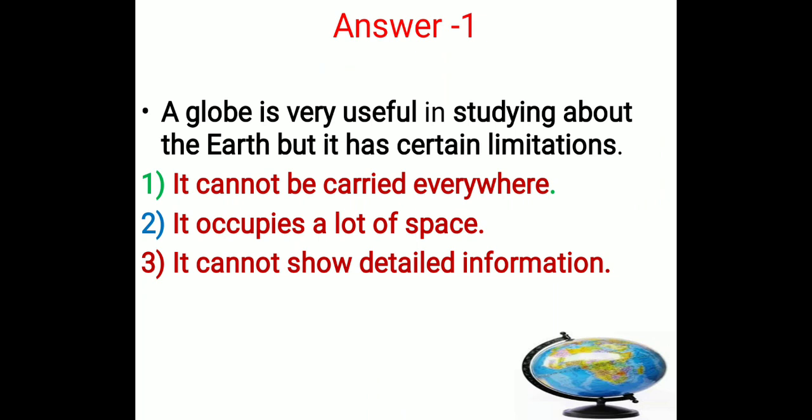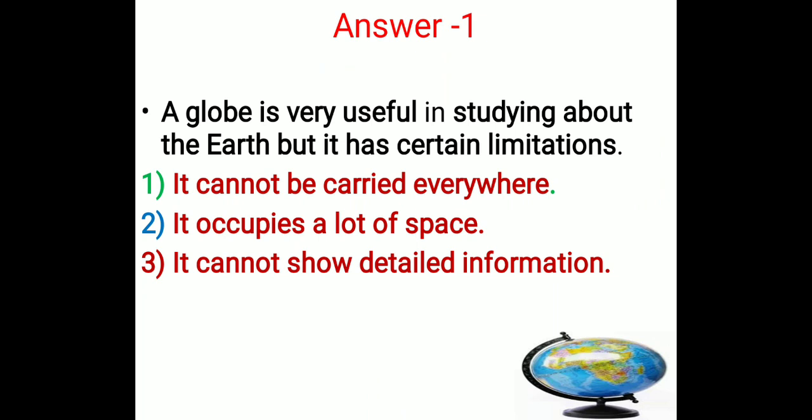And the answer is, a globe is very useful in studying about the earth, but it has certain limitations. What are those limitations? It cannot be carried everywhere. We cannot carry the globe everywhere.